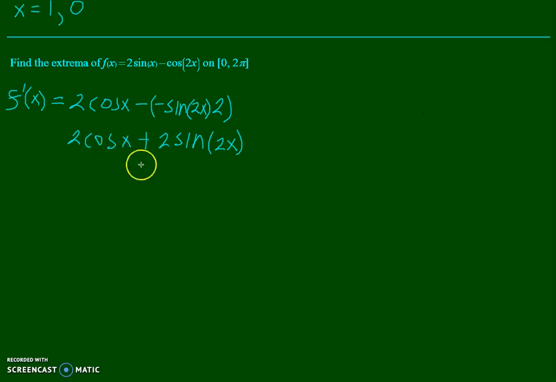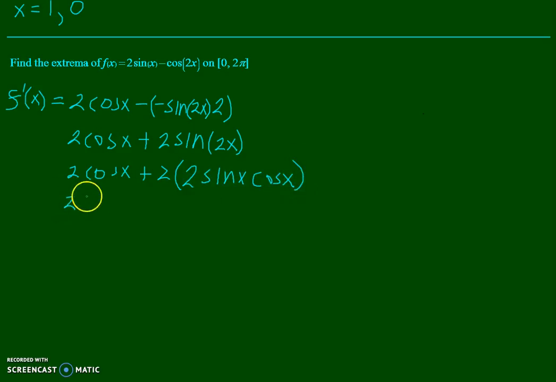In order to solve this, we can see here that we have the double angle sine in here. So we're going to have to expand that out because we're going to have difficulty solving this expression for 0 otherwise. So 2 cos x plus 2 times sine double angle is 2 sine x cos x.